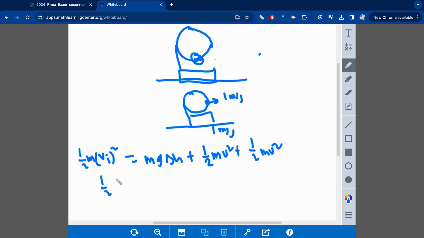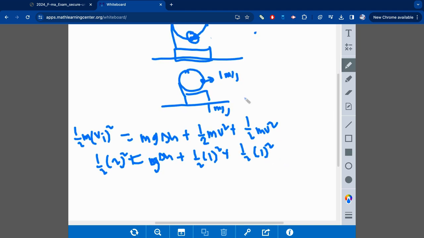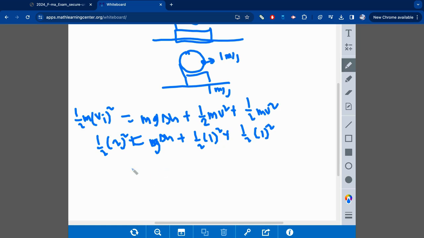So if we plug these in, we can cancel out m. We get m g h plus 1/2 times 1 squared plus 1/2 times 1 squared. And then this would be 2 equals gh plus 1. So gh equals 1, which means h equals 0.1 meters.